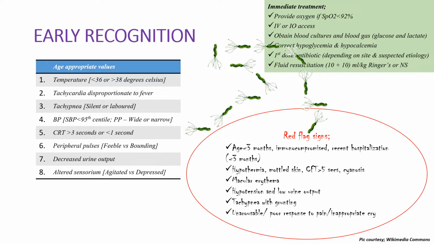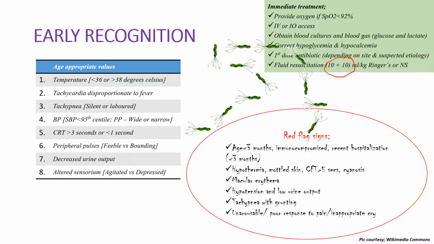start treatment by providing oxygen if SpO2 less than 92%, ensuring an IV or intraosseous access, obtaining blood cultures and blood gas, especially looking for the glucose and lactate values, correcting hypoglycemia and hypocalcemia, administering the first dose of antibiotic depending on the site and suspected etiology, and giving fluid resuscitation. Here I would like to mention that this is a significant change.